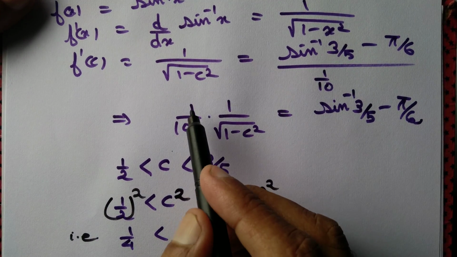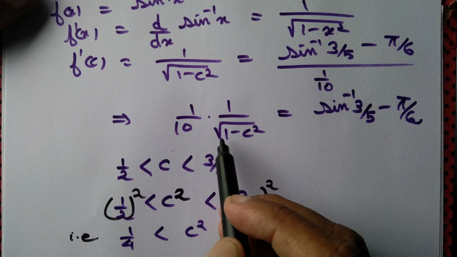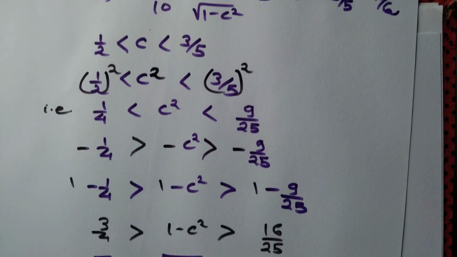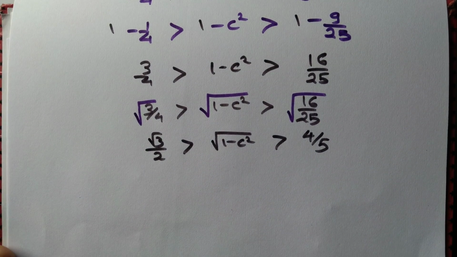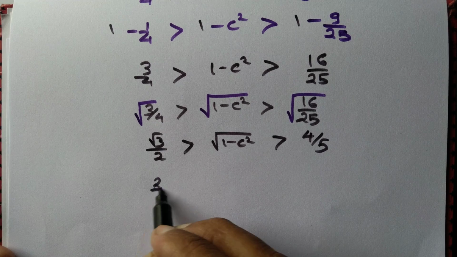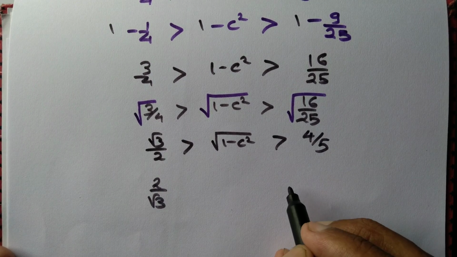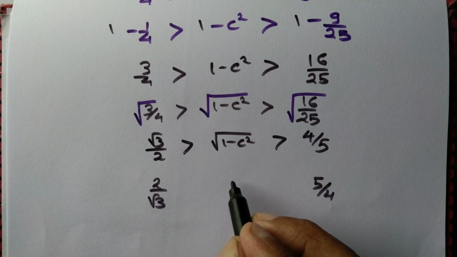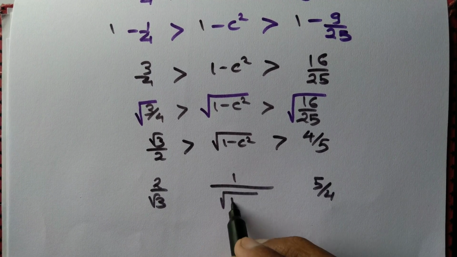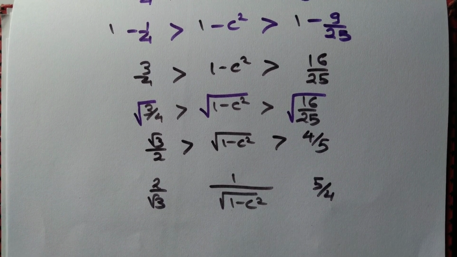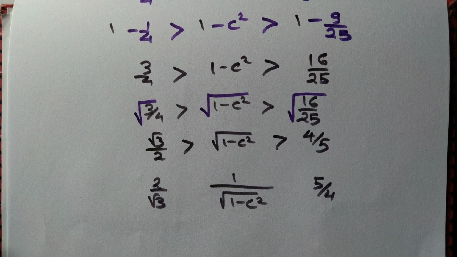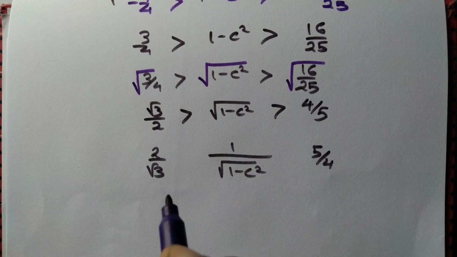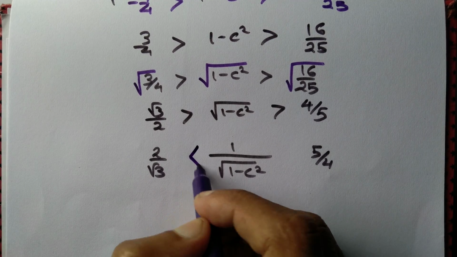We got 1/10 of 1 by root over 1 minus c square. Let's take reciprocal to obtain 2 by root 3, 5 by 4, and then 1 by root over 1 minus c square. But as we said earlier, if we take the reciprocal, the inequality reverses.